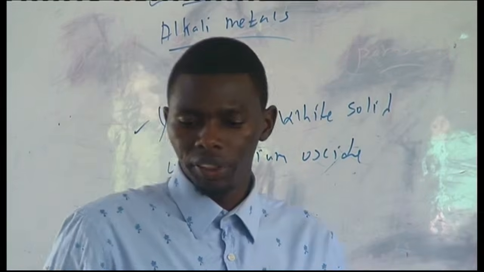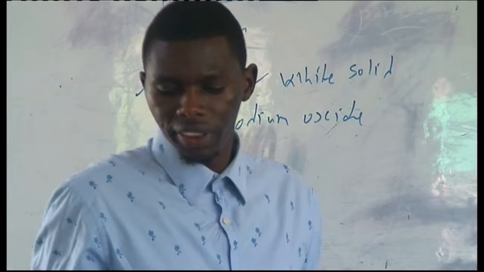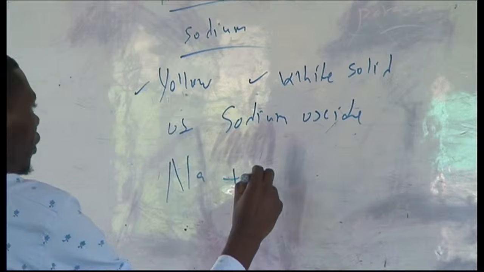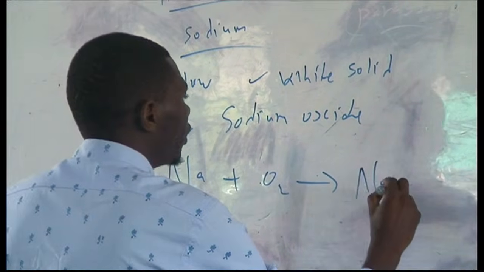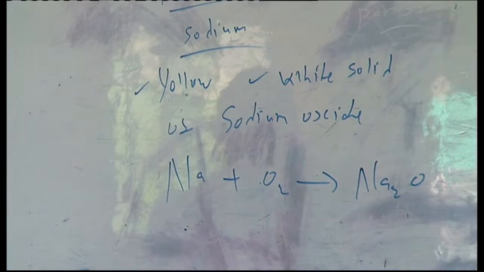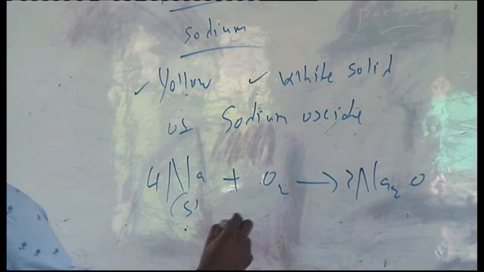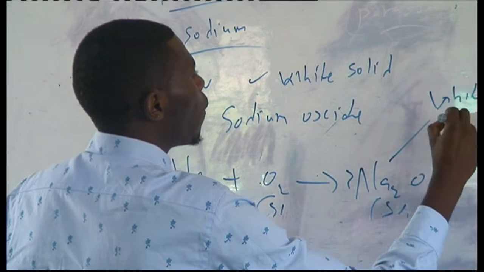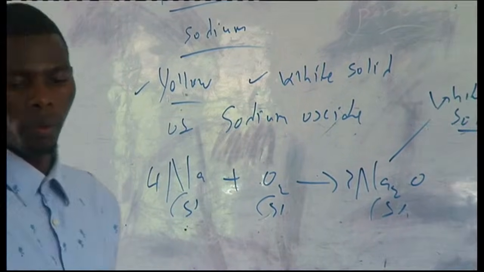If we write an equation, sodium plus oxygen will produce sodium oxide. If we balance the equation, this one will be 4, this one will be 2, this one is solid, gas, solid. So this one is a white solid, and the flame is yellow.